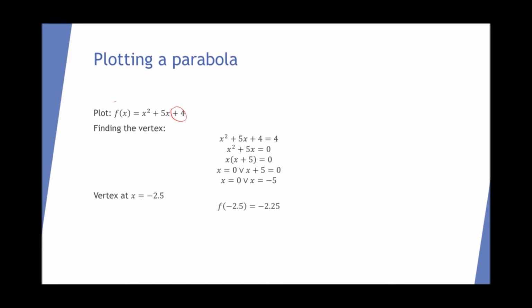We fill in minus 2.5 in this function and type it into our calculator. We get minus 2.25. Again, I'm not going to go over the steps there. You can check my first video to see how this works. But that tells us then that our vertex is at minus 2.5, comma, minus 2.25.